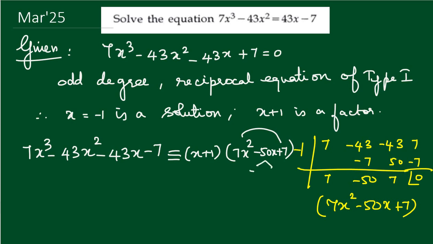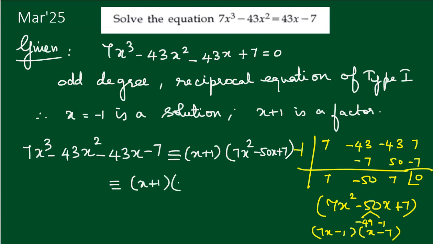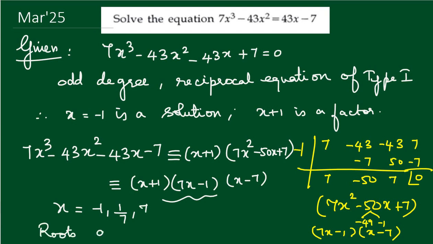So the middle term can be split as minus 49x and minus x. Now this factor is equivalent to x plus 1 into 7x minus 1 into x minus 7. Equating these factors to 0, we get x is equal to minus 1, 1 by 7 and 7. So the roots of the given equation are minus 1, 1 by 7 and 7.